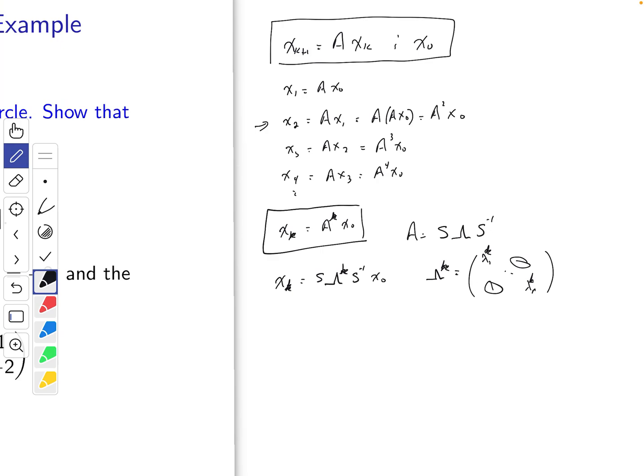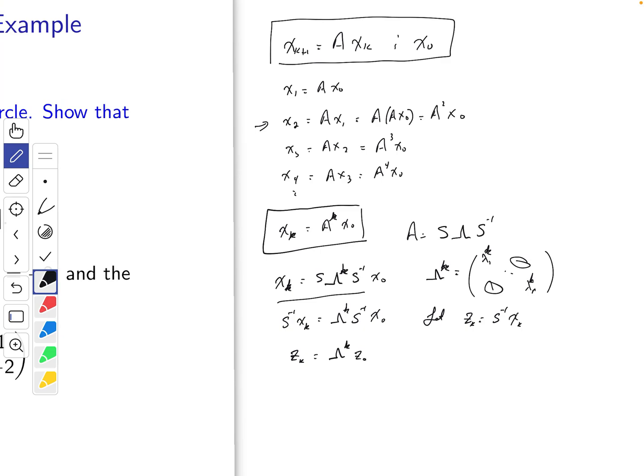Again, from this equation, S inverse x at time k is going to be Lambda to the k S inverse x0, and then we let z at time k be S inverse x at time k, and we get z at time k is Lambda to the k times z0.